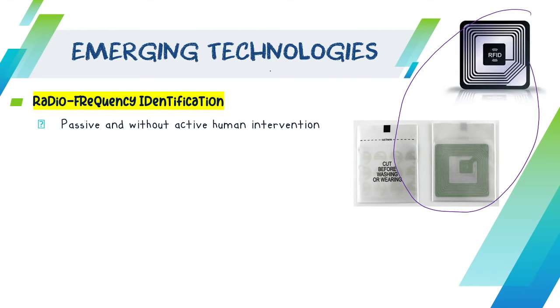So ingana pud na ang RFID diri sa ato ang mga auto-analyzer. So, passive RFID is passive and without active human intervention. Ibutang lang gyud nato na siya dira as part sa label sa inyuhang sample, pwede dira nato ibutang sa tube. So, mura siya og barcoding but different na kanang style.